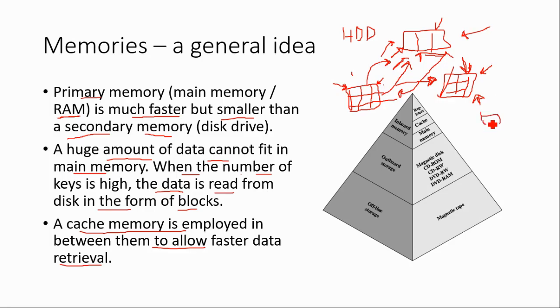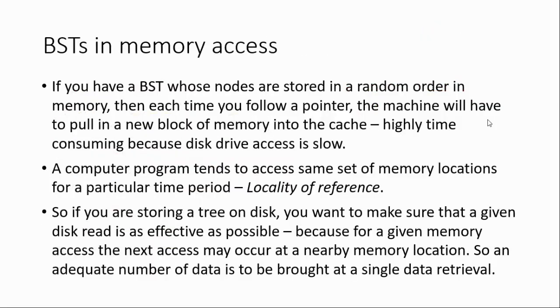Now the question is, what if we use the binary search tree in storing data? The main problem which occurs is that if you have a BST whose nodes are stored in a random order in memory, then each time you follow a pointer, the machine will have to pull in a new block of memory into the cache.